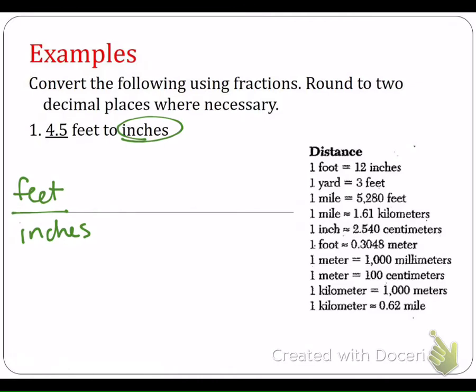Everybody with me? So if I do feet over inches, how many feet and how many inches do you get from your conversion? So 1 foot equals how many inches? 12. Good.